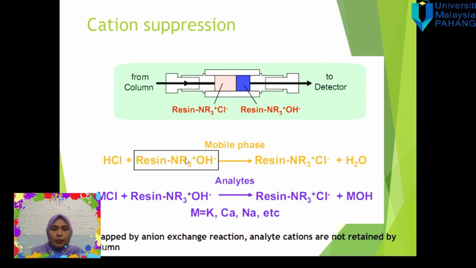So this positive charge will trap the Cl negative from the mobile phase, and now the analytes that come out are only the positive charge, without disturbance of the negative charge from the mobile phase. This is for cation suppression.